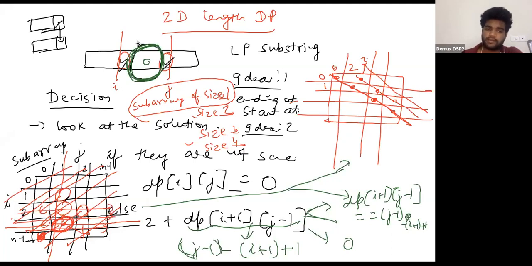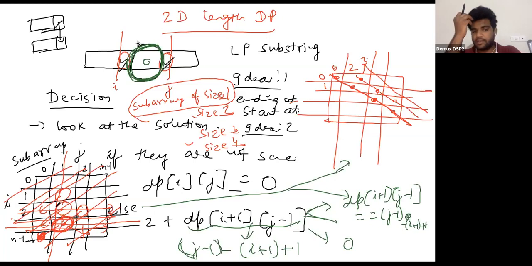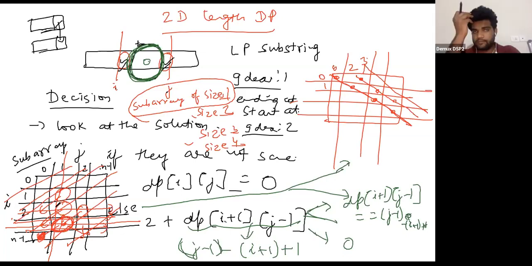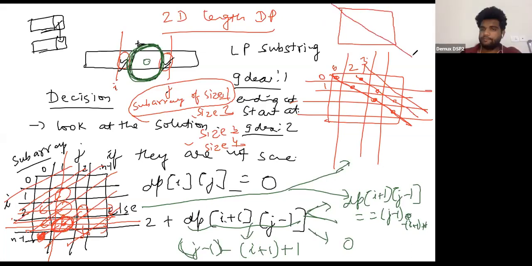You will have stupid cases like start from n-1 and end at 0, correct? So how will you start a new row? Once you have completely filled one row, how will you start the next row? For that you need j-1, which you don't have.